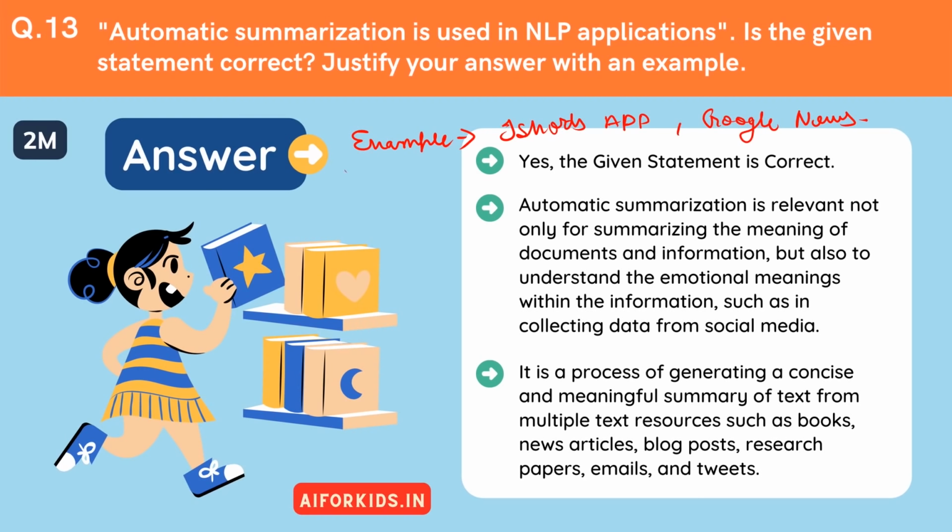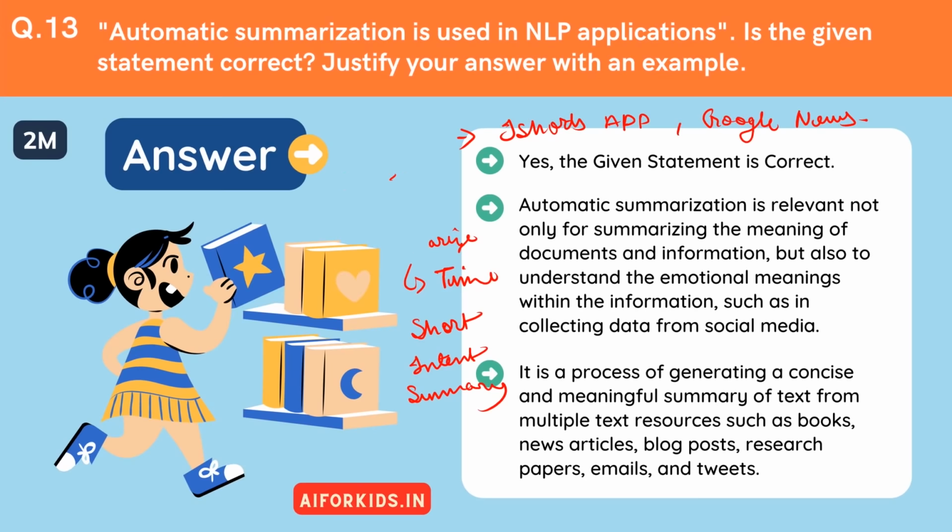So these are the news applications which are used to summarize the news for the users so that, instead of reading a whole article, you can save your time by having a short text summary. Okay, so this is what these applications do. This can be an example you can write.